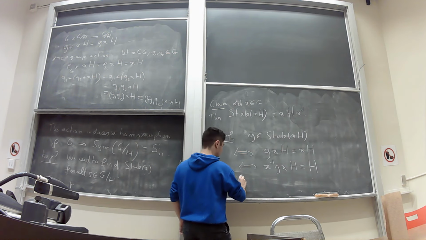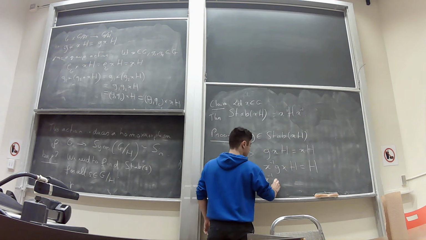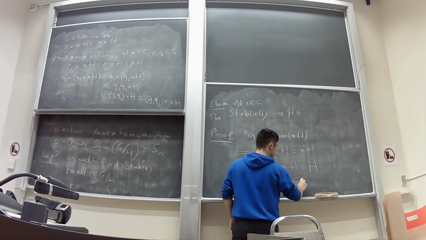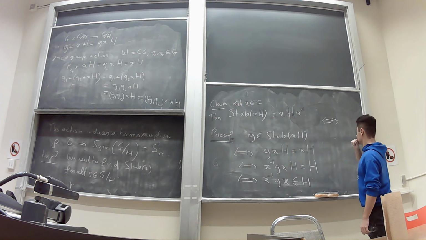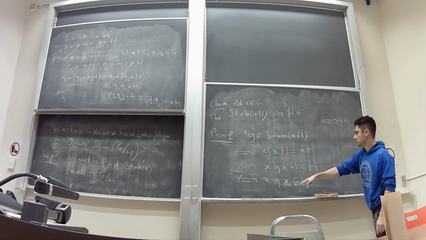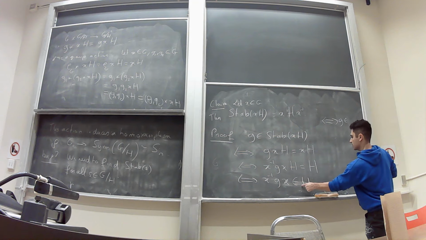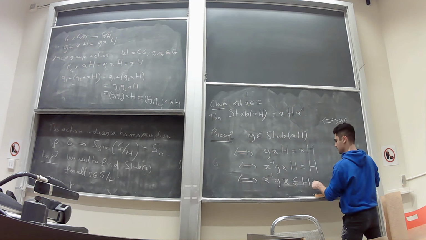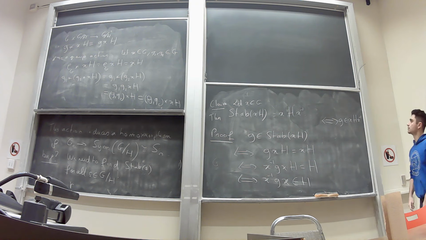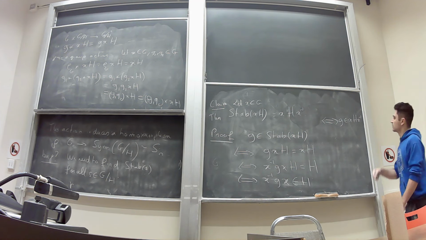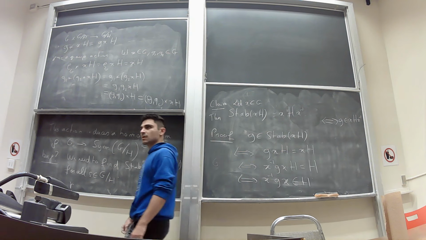This becomes if and only if x inverse gx belongs to H, and then if and only if g belongs to xHx inverse, multiplying H on the left by x and on the right by x inverse to cancel. Okay? So g belongs to stab(xH) if and only if g belongs to xHx inverse. This shows it.